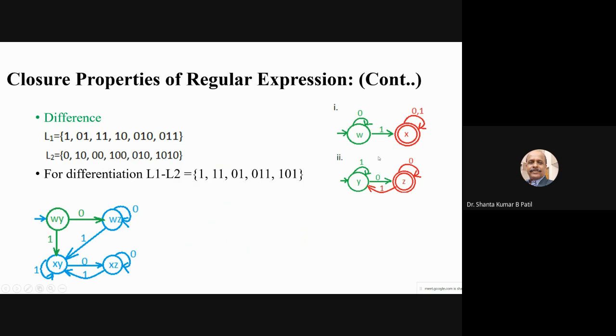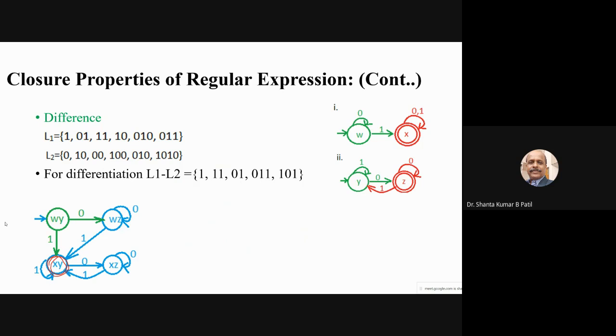A lot of difference is there in this pair x y, so that is why I am making the x y. I am finding the difference only in the state x y. Hence, I am making x y a final state.